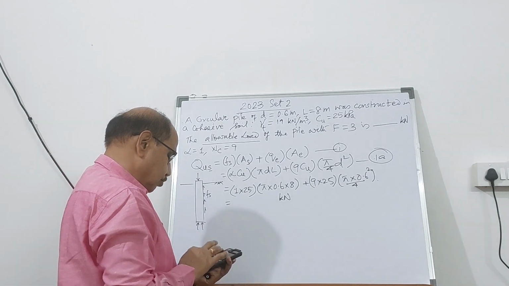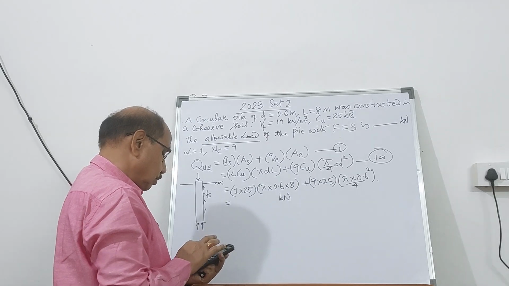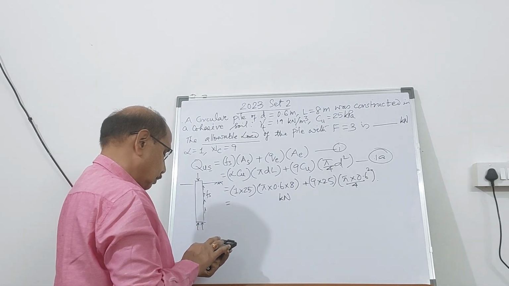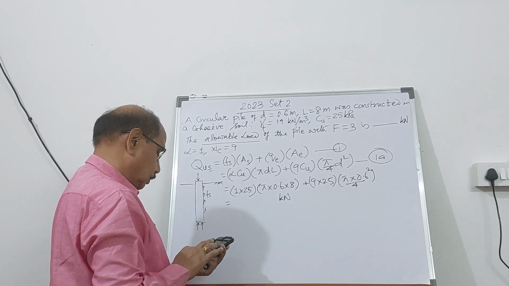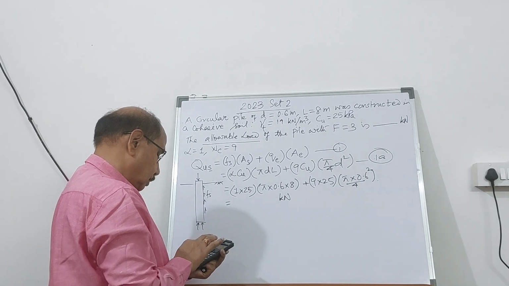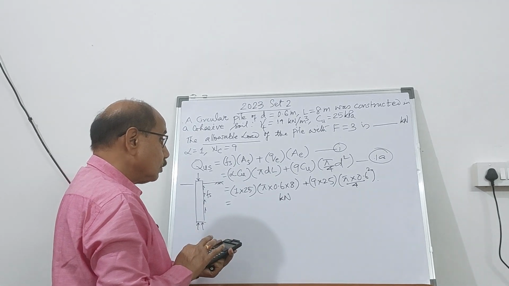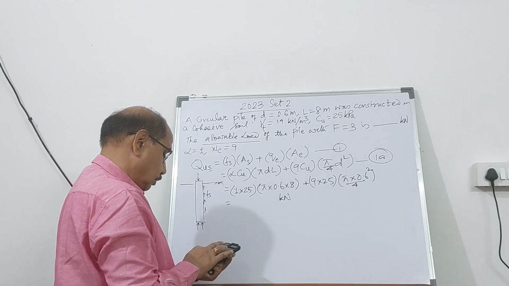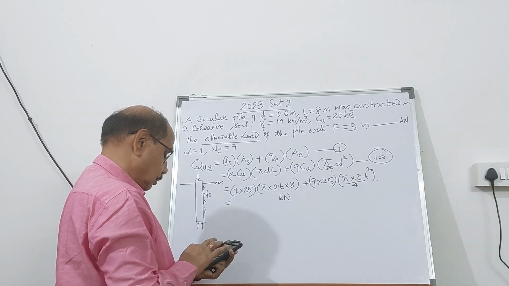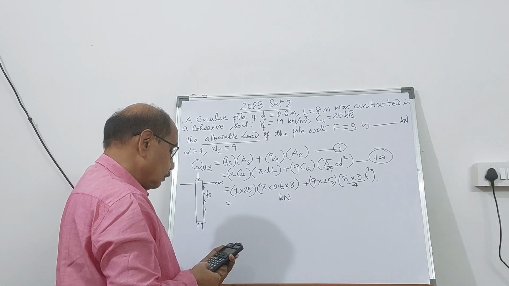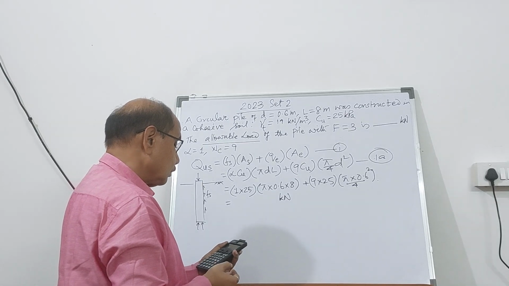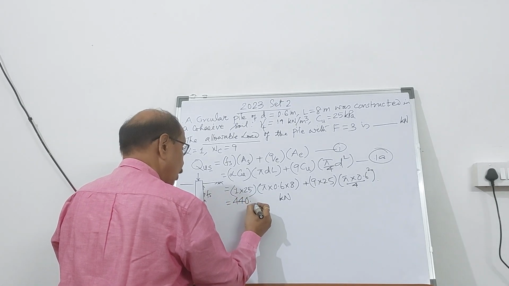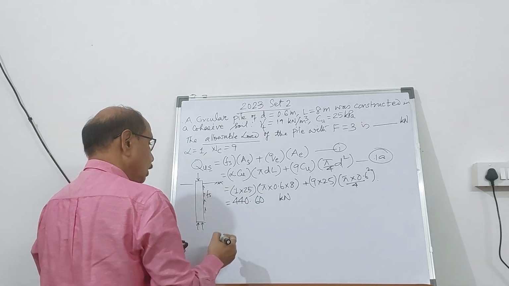So if we calculate, this becomes 25 into ... this gives you 440.60 kilonewton.